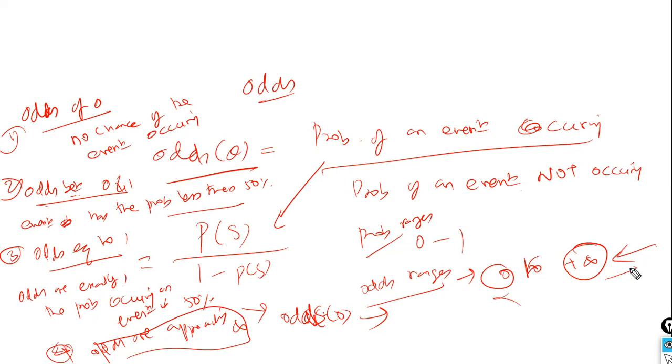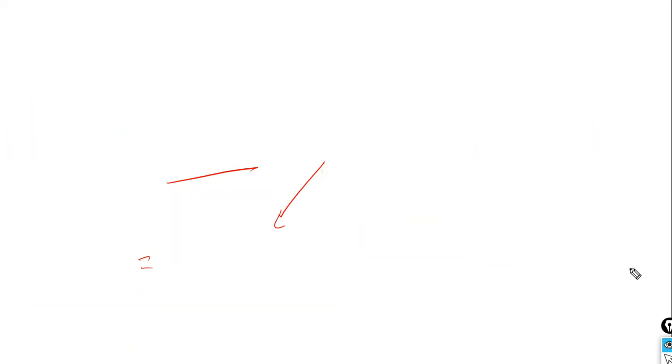Next, I'm going to give you some examples, because you need to understand this very clearly. This is the building block for understanding logistic regression, the odds ratio. Let's work on another task, an assignment.